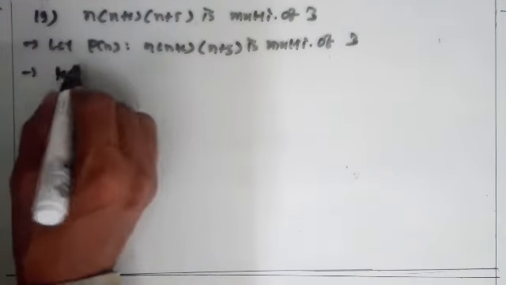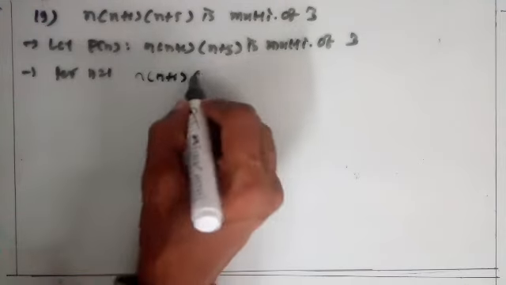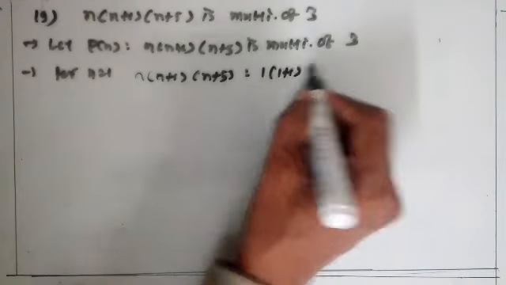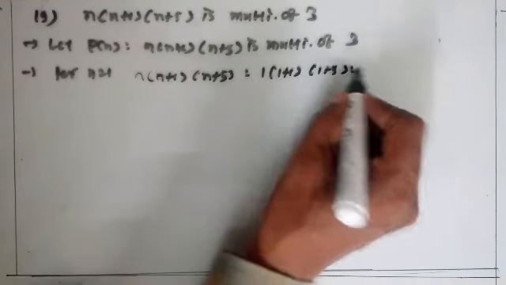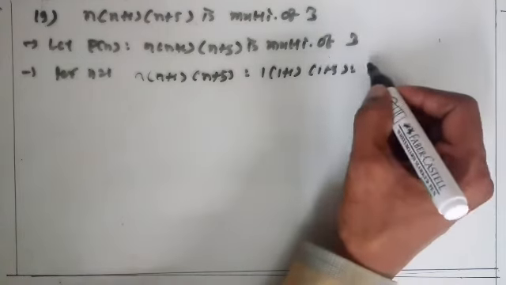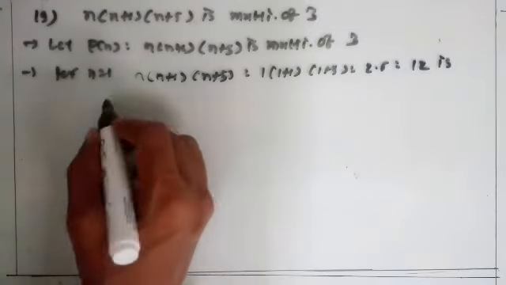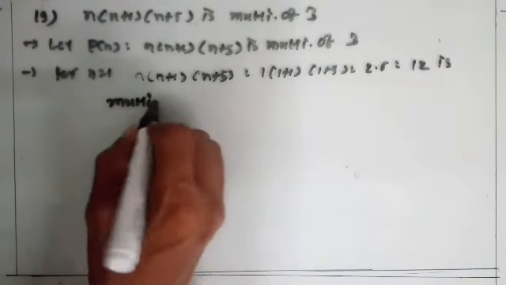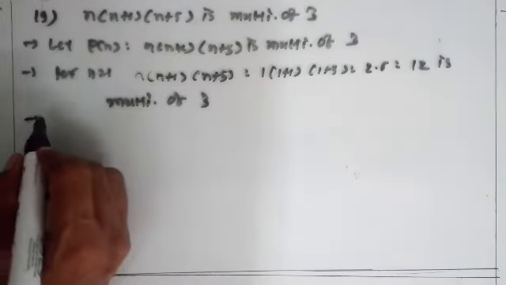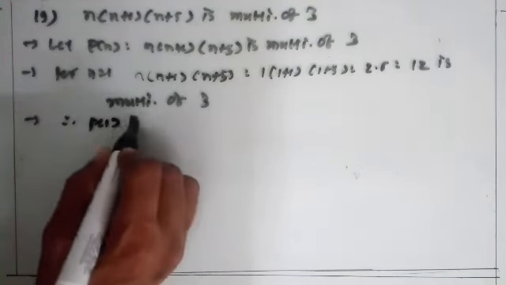For n is equal to 1, n into n plus 1 into n plus 5 is equal to 1 into 1 plus 1 into 1 plus 5, that becomes 6 into 2, 2 into 6 is equal to 12, which is a multiple of 3. Now P1 is true, therefore P1 is true.